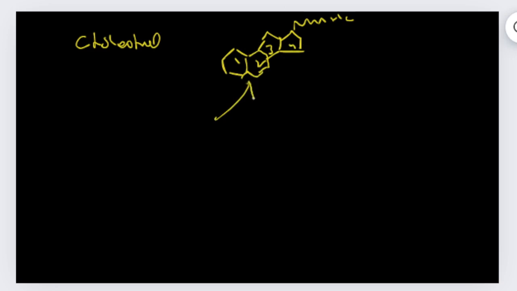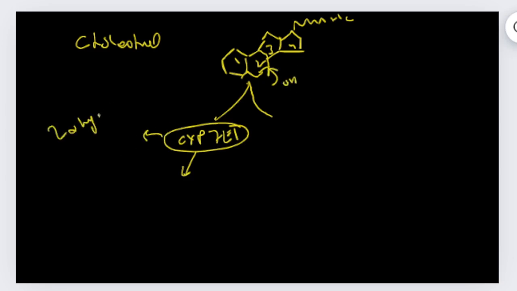When this cholesterol is in the liver, not in the plasma, there are two types of enzyme. One is CYP7A1. What does this enzyme do with the cholesterol? It attaches an OH group to the 7th carbon. It is also called 7-alpha hydroxylase.